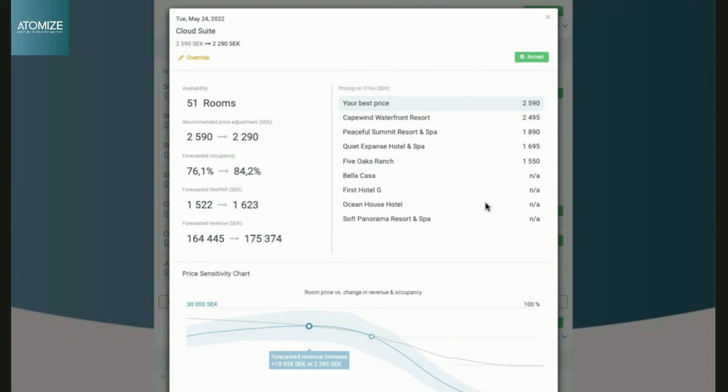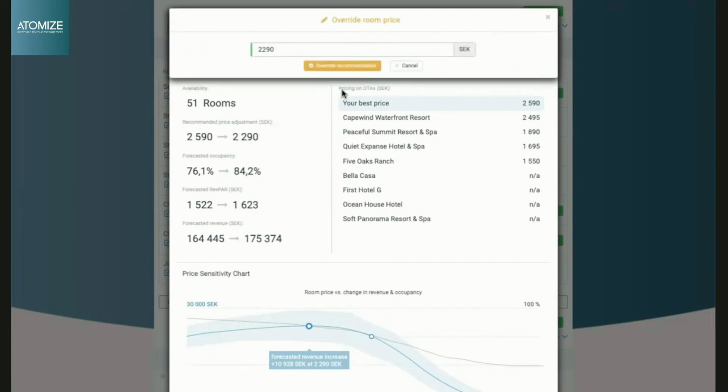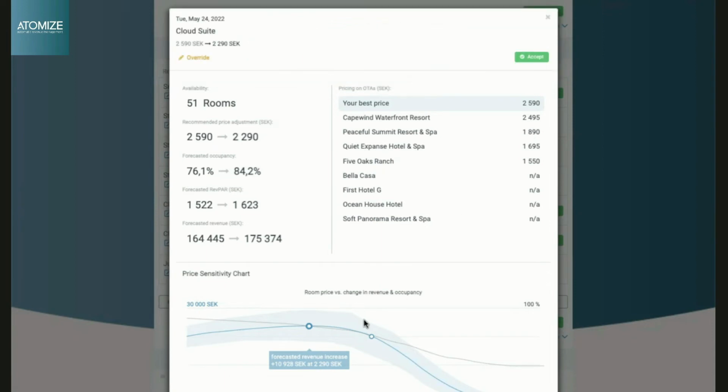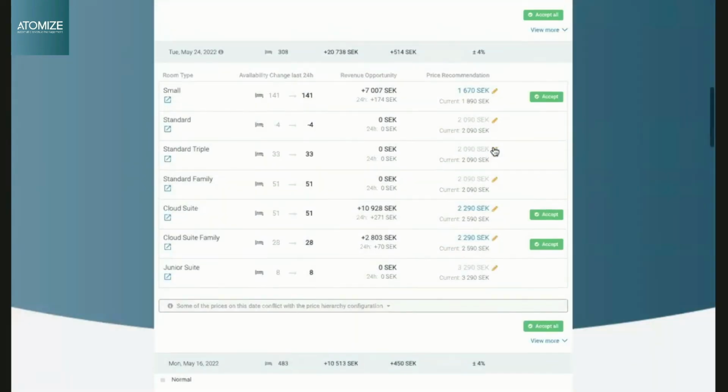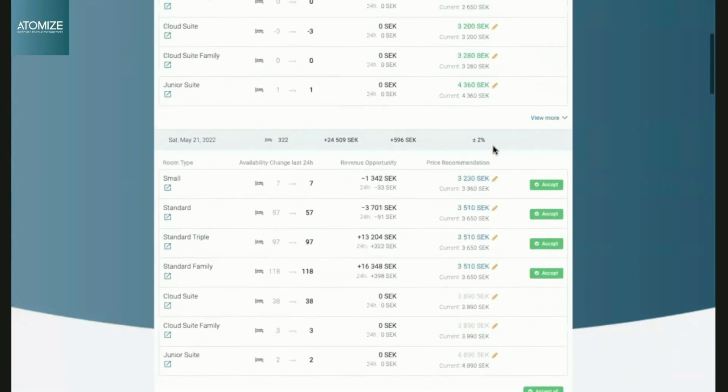I could accept some of them, or override it and put in a different value. But instantly I can see potential revenue I could be leaving on the table, which I wouldn't know unless I had invested in some type of pricing solution.